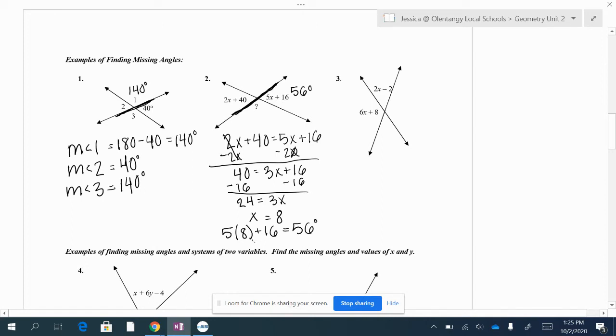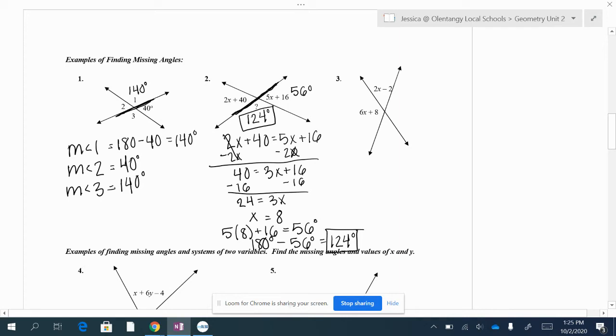I take 180 degrees, subtract 56, and I get 124. So this angle is 124 degrees. So that's an example where you have two vertical angles, and we can set those expressions equal to each other.